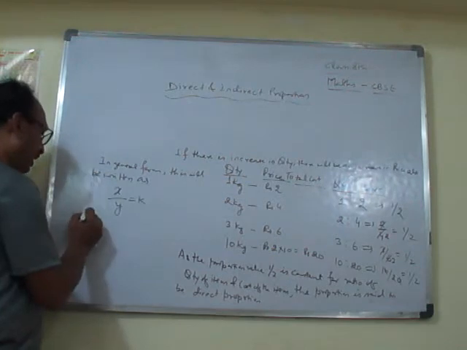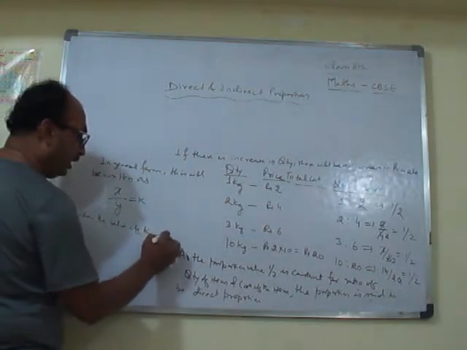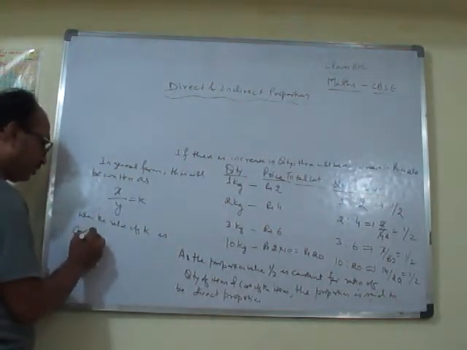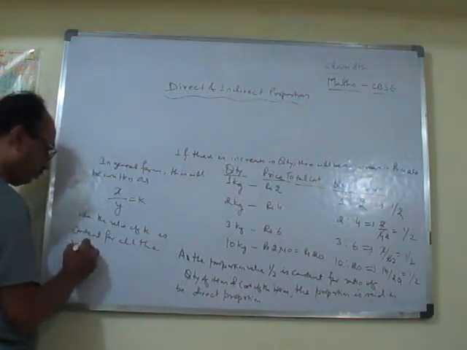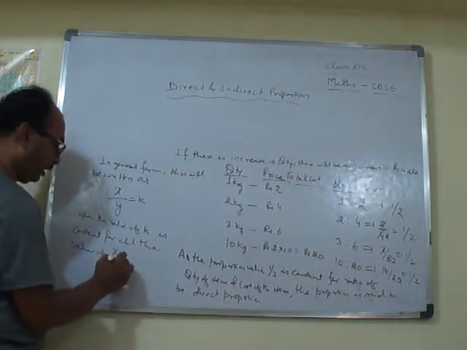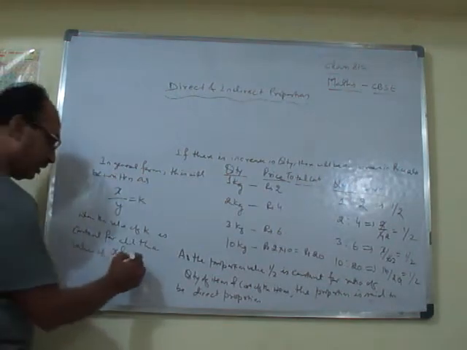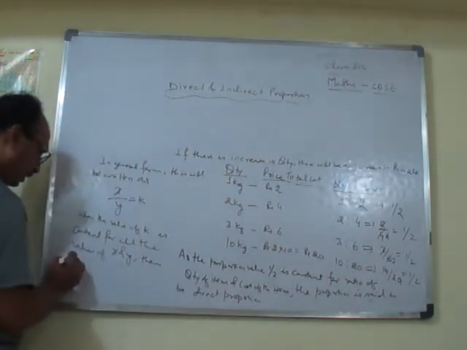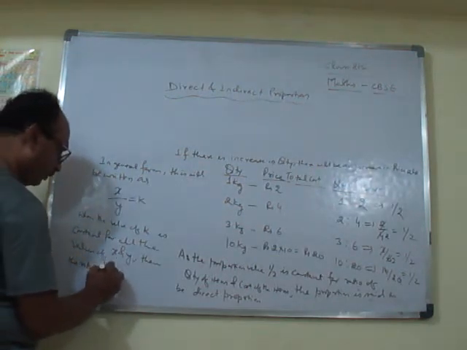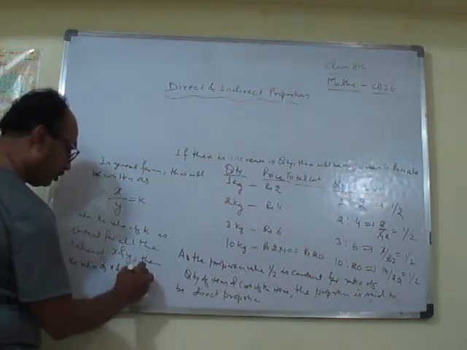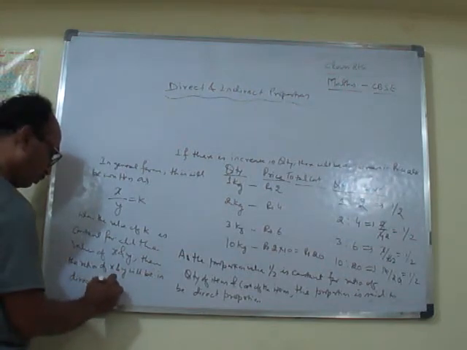So you can say that when the value of k is constant for all the values of x and y, then the ratio of x and y will be in direct proportion.